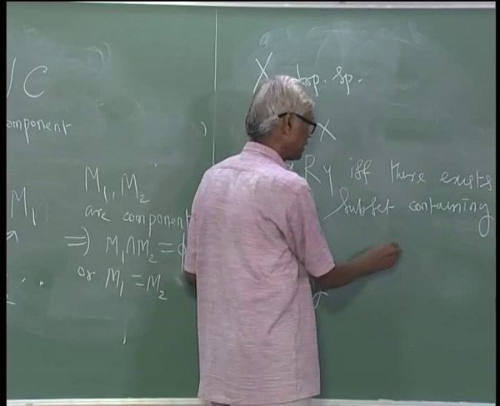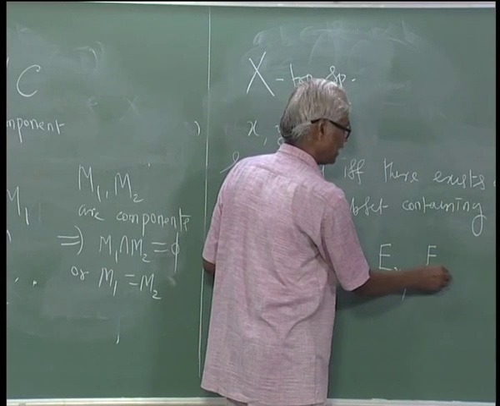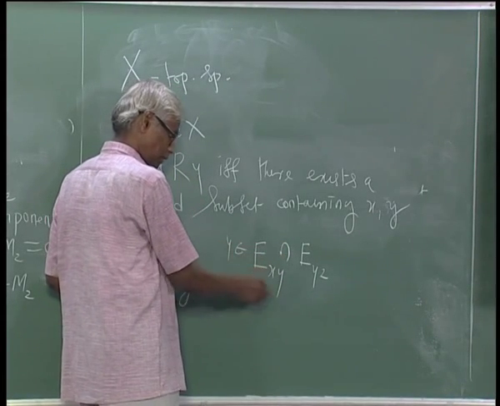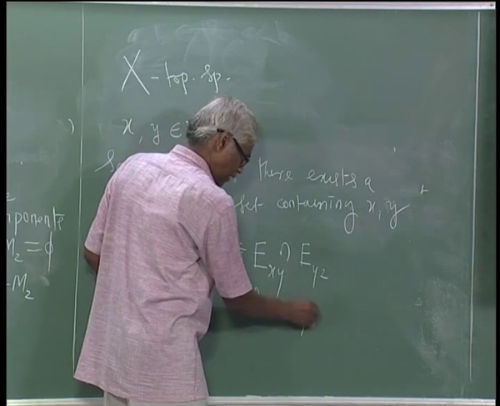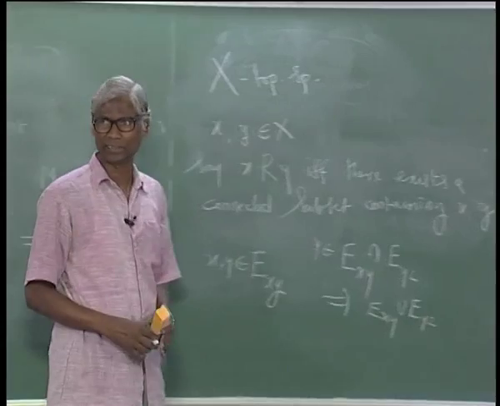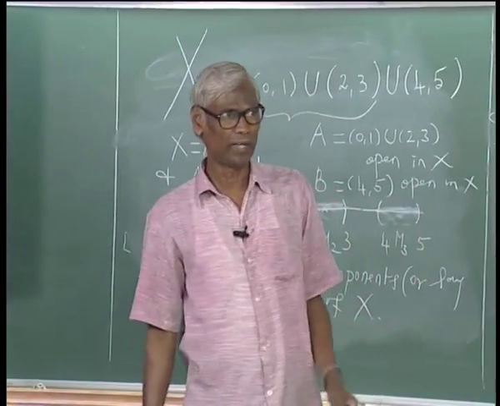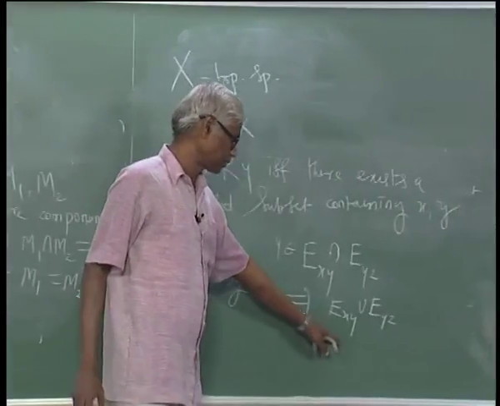If there is a connected set containing x, y, and another connected set containing y, z, then y is common, that means the union will be a connected set containing x and z. If x related to y and y related to z, then x is related to z.